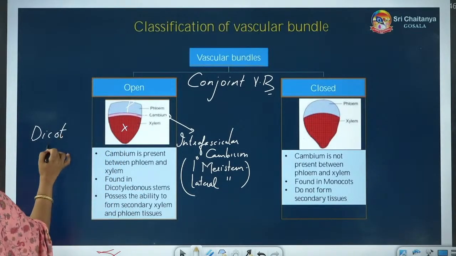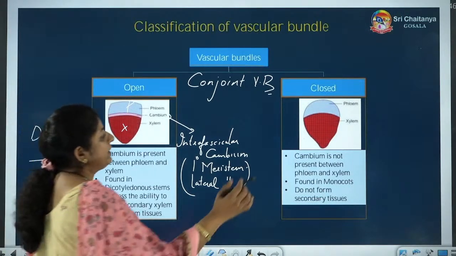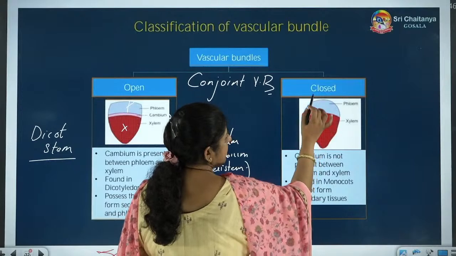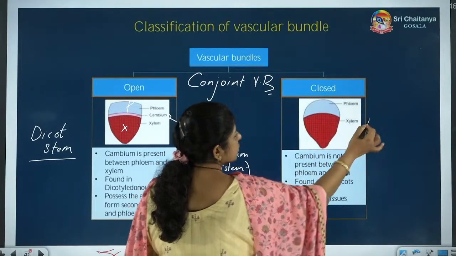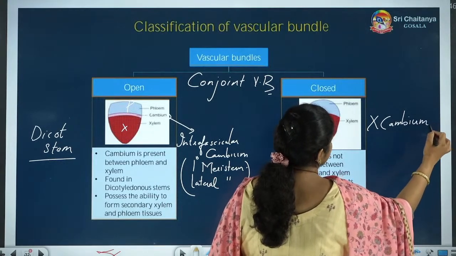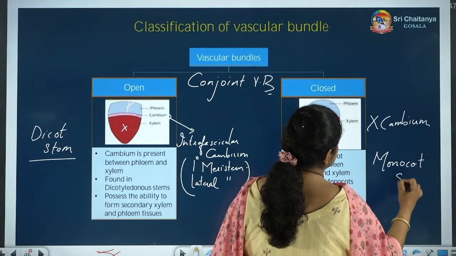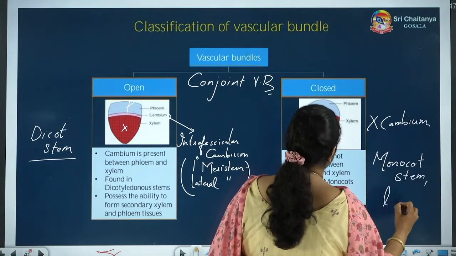This is a feature of the dicot stem. Are you getting that? And if there is no cambium, this is a feature of what? Monocot stem, and even of the leaves.